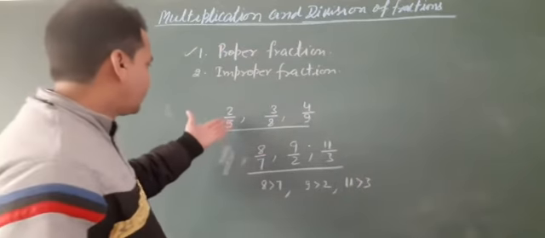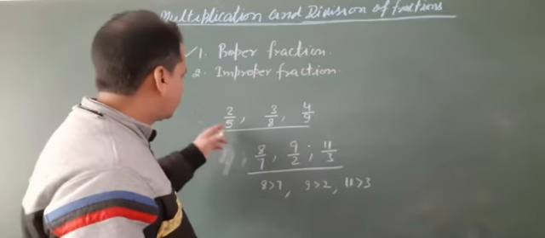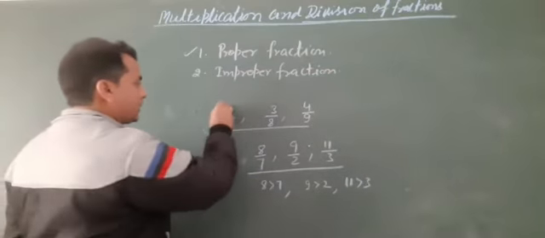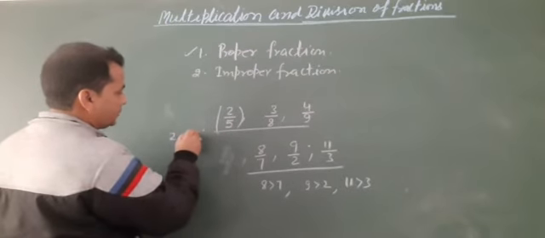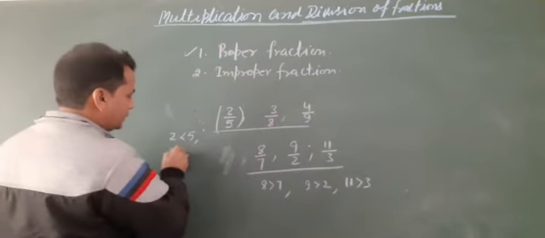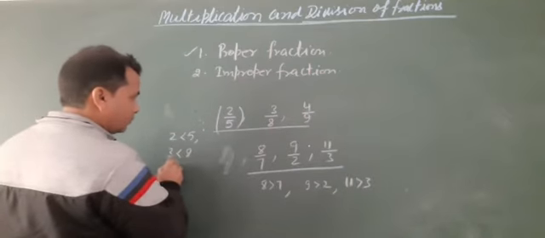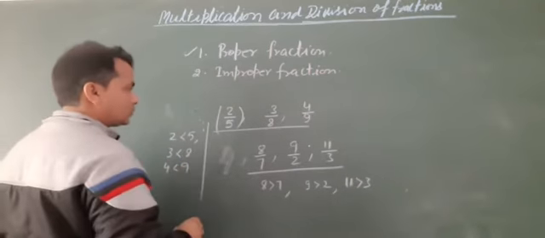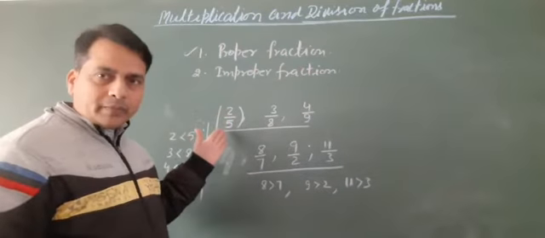In the above examples, in 2 by 5, 2 is less than 5. Next, 3 is less than 8, and next, 4 is less than 9. So the numerator is less than the denominator.